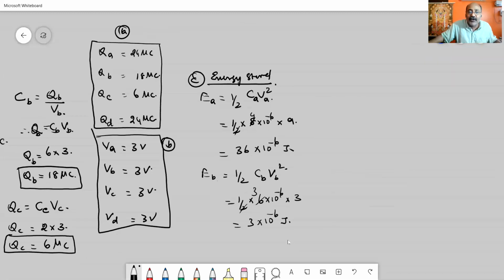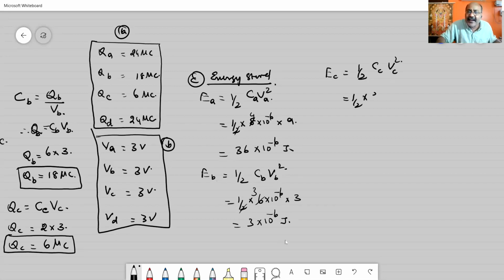Similarly, you go for energy in the capacitor C. Again, half into CVC square, half into 2 microfarad, 2 into 10 to the power of minus 6 into V square, which is 9. This 2 and this 2 get cancelled. So energy in the capacitor C is equal to 9 into 10 to the power of minus 6 joule.